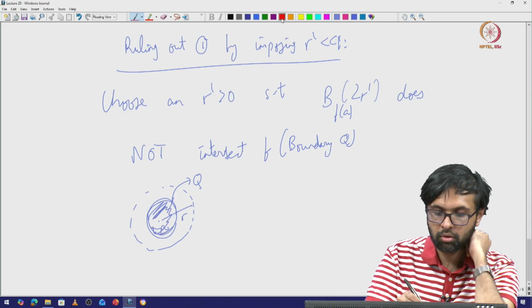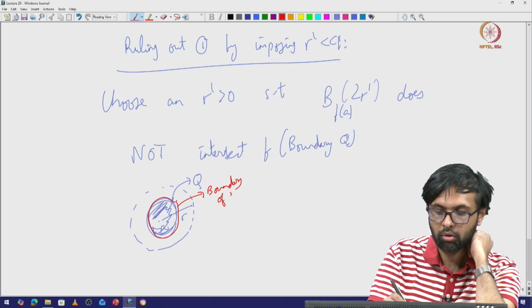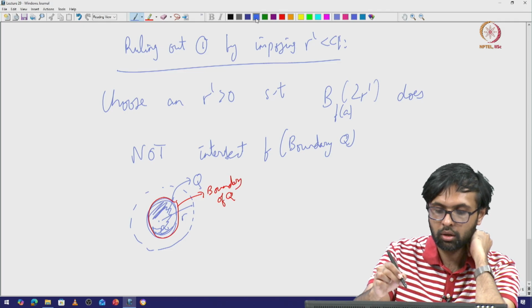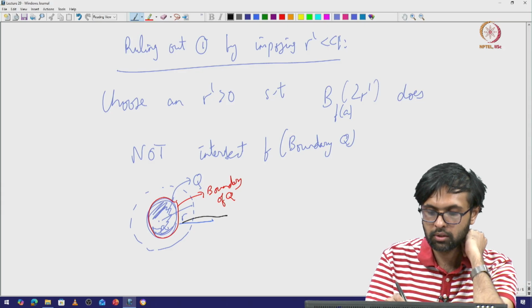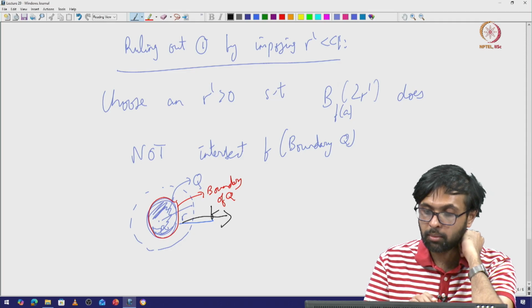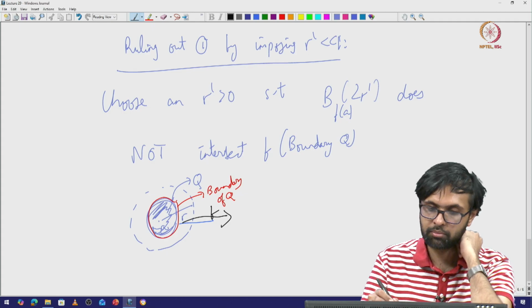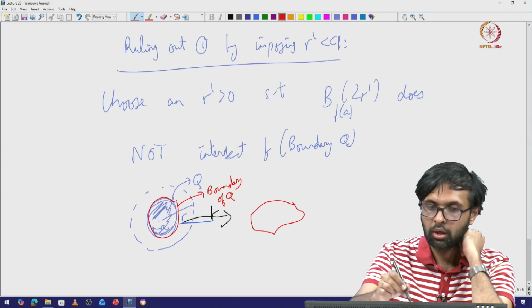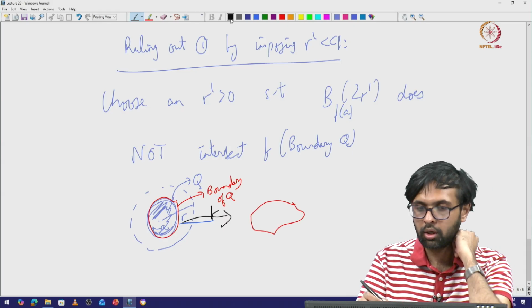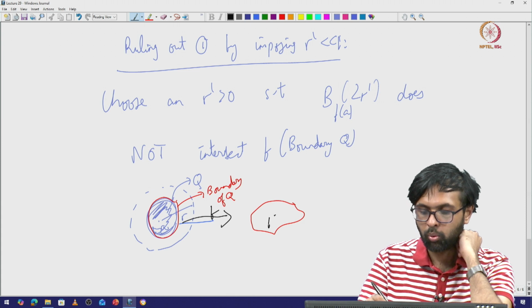This red part is the boundary of Q. Now, you have f, right? Now, f takes the boundary of Q to some set, right? Now, a priori, the question is, why is f of a not intersecting this set?